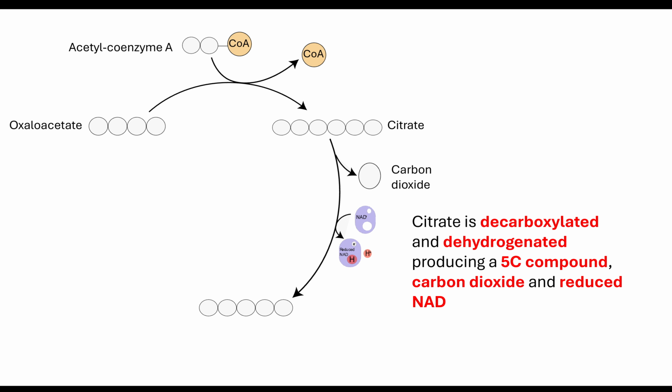But to complete the conversion, we not only remove the carbon dioxide, we also need to remove 2 hydrogens, and therefore dehydrogenation has occurred. So what we've got is this 5-carbon molecule. We have a carbon dioxide molecule, and we have our coenzyme reduced NAD.